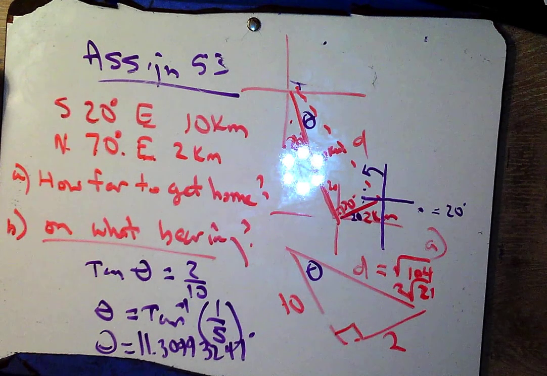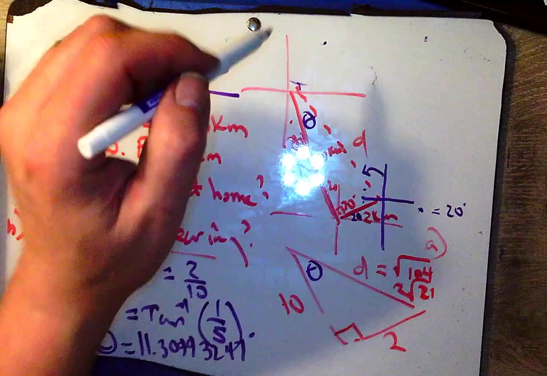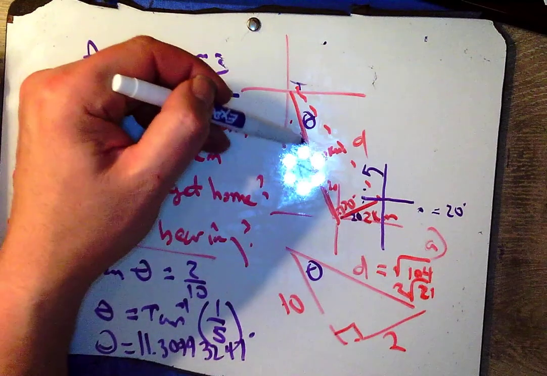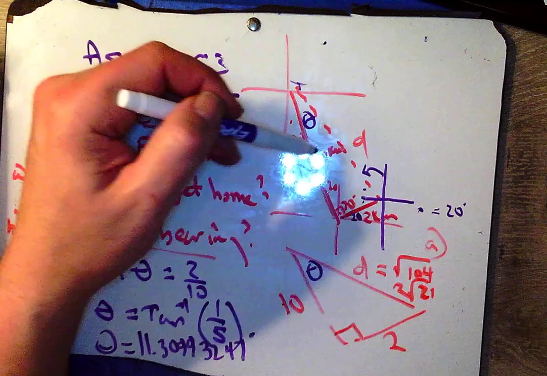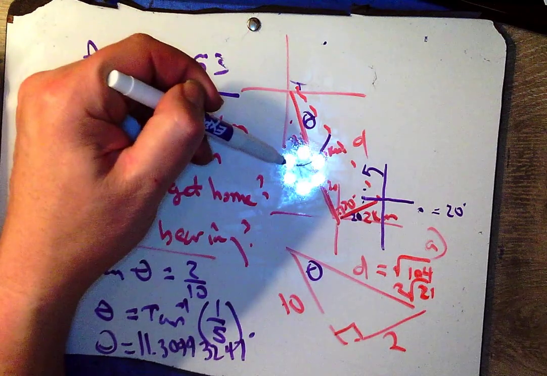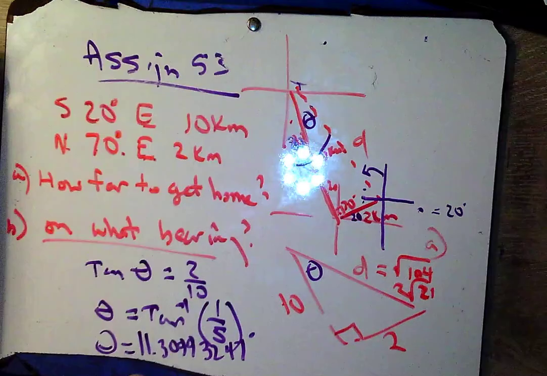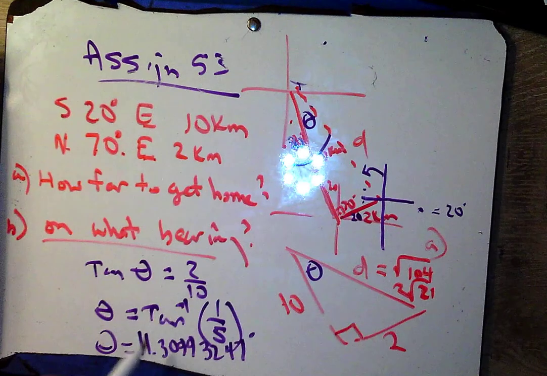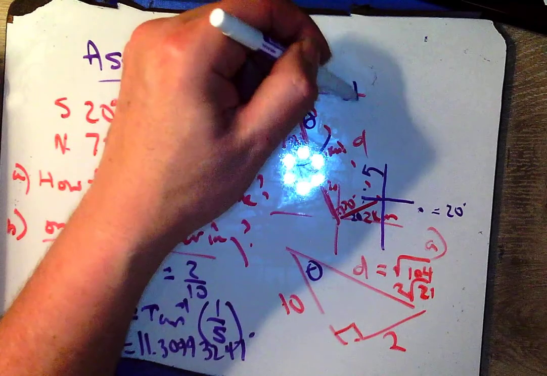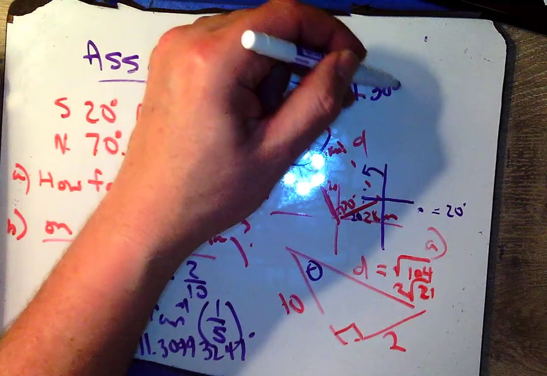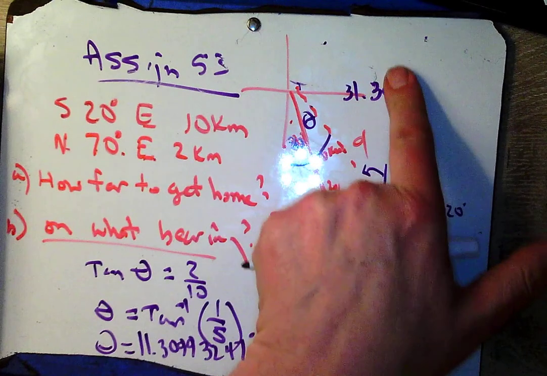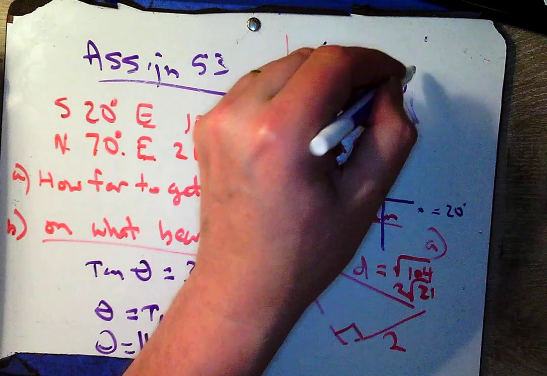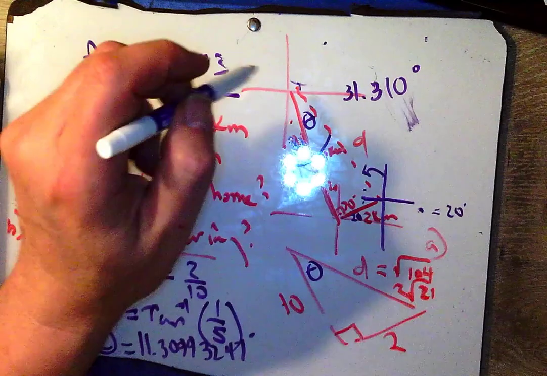Cool, but how does that help? Well, we know that this angle is 20, and therefore all of this is going to be 20 plus 11.3099, so that big angle is 31.3099. I guess I can say 31.31 degrees.